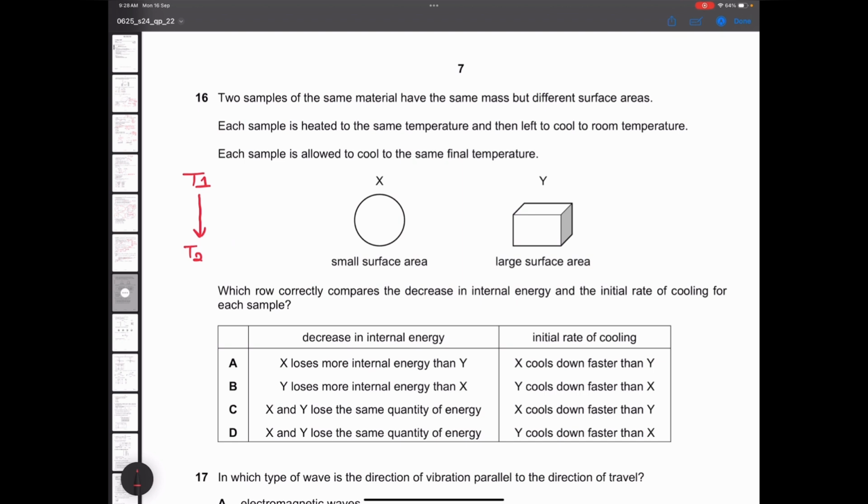So the total change in energy is the same, because ultimately they were starting at T1 and they are ending at T2. However, one of them has more surface area, so it will undergo the change faster. It will lose the energy faster, but ultimately the change will be the same. It's similar to rate of reaction.